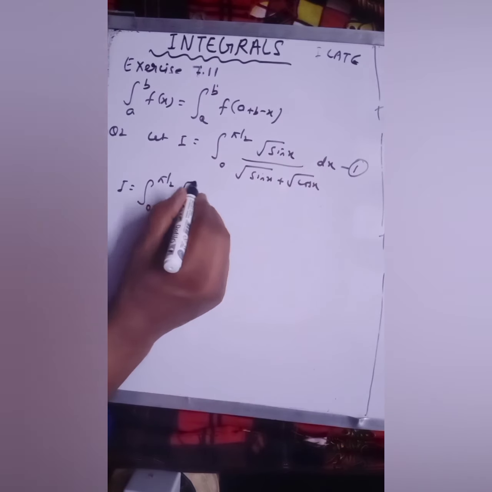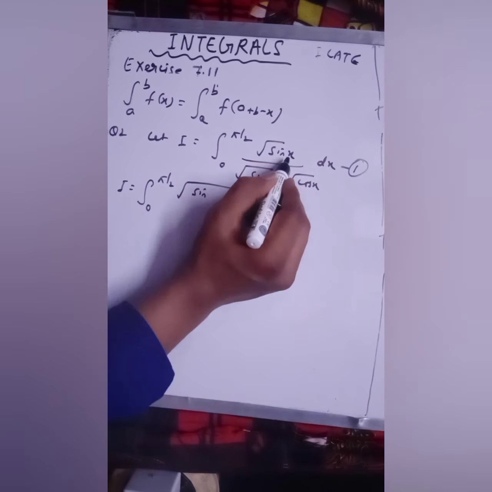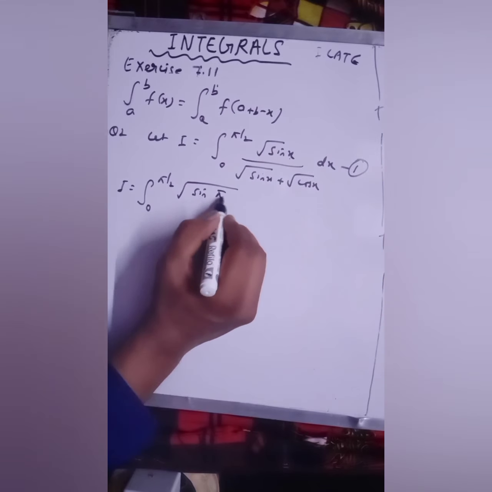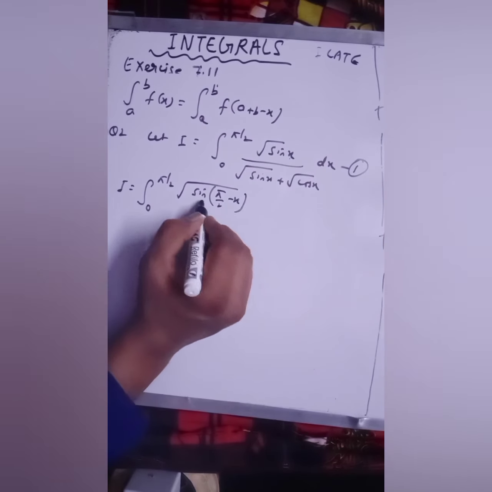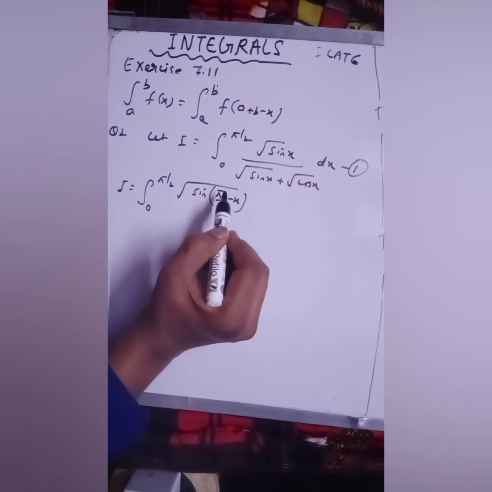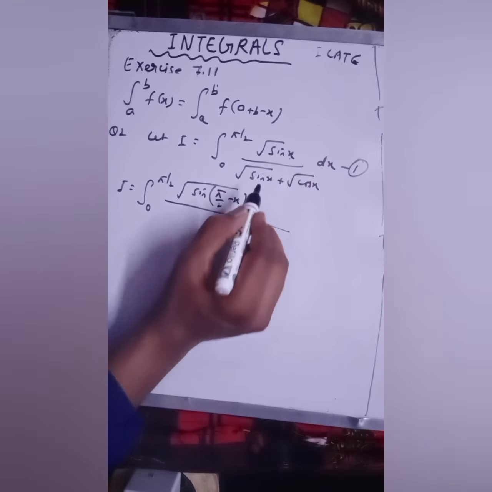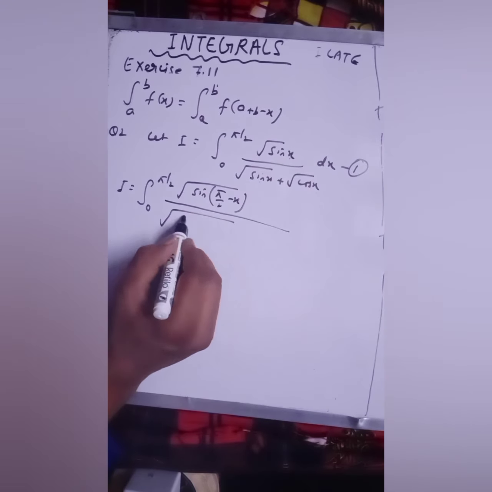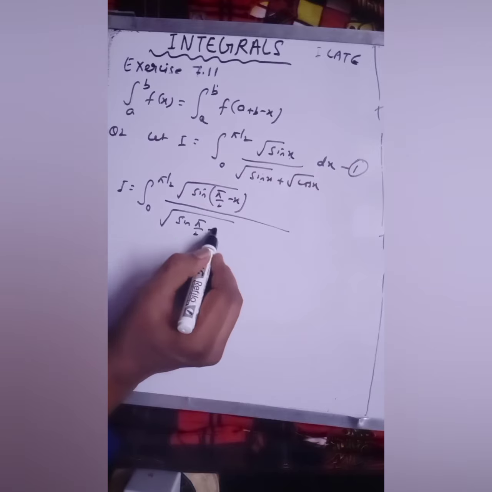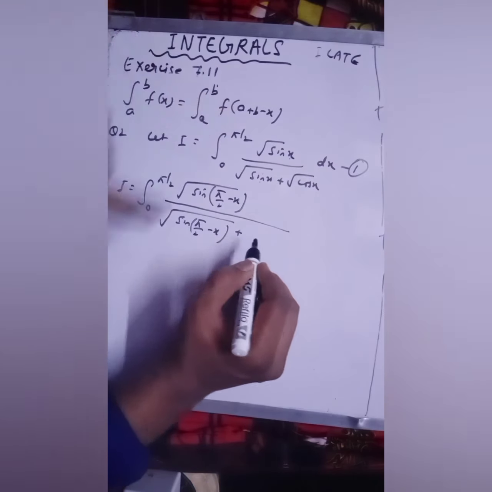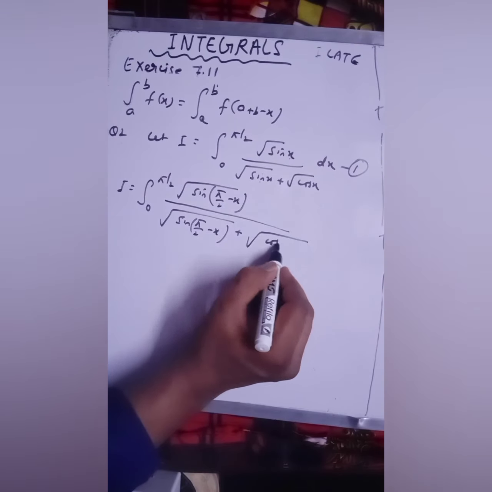In the numerator, sine, in place of x you have to add the limit 0 to pi by 2 minus x, so that would be pi by 2 minus x. 0 plus pi by 2, I am just writing pi by 2. Now in place of this again I have to write sin(pi by 2 minus x), and here cos is coming, so cos(pi by 2 minus x) into dx.